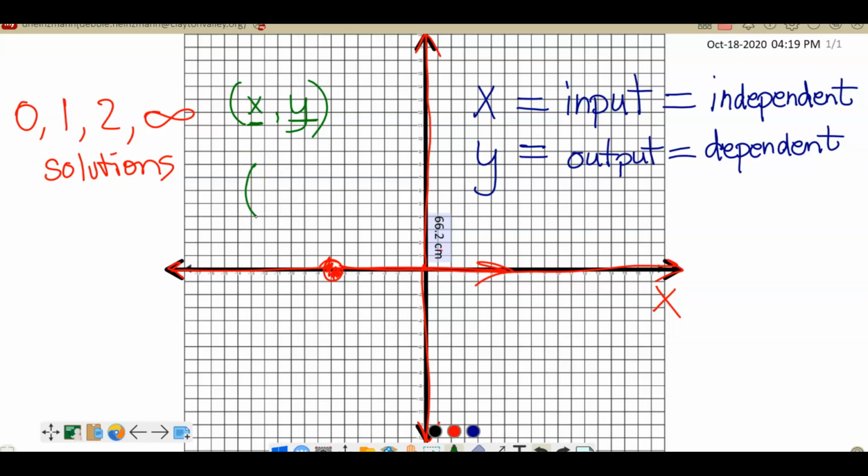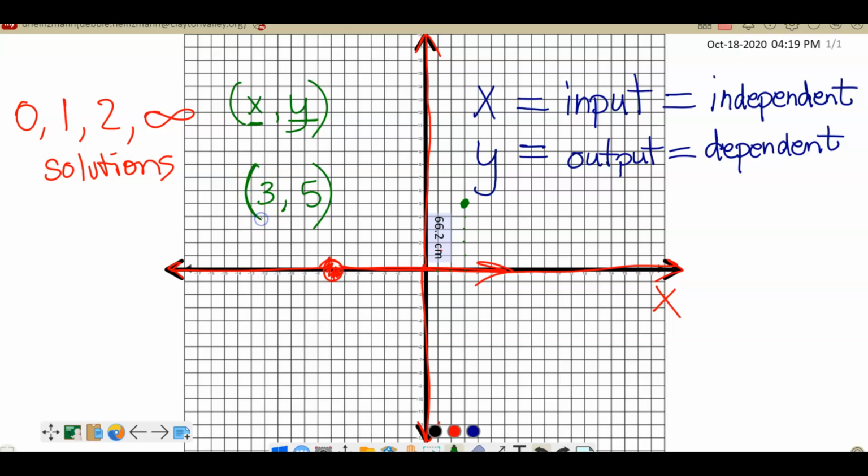So here we have 3, 5. So I'm going to count 1, 2, 3 on the x-axis, and then I'm going to count 5 up. 1, 2, 3, 4, 5. And here I'm going to draw a dot. That's my point.